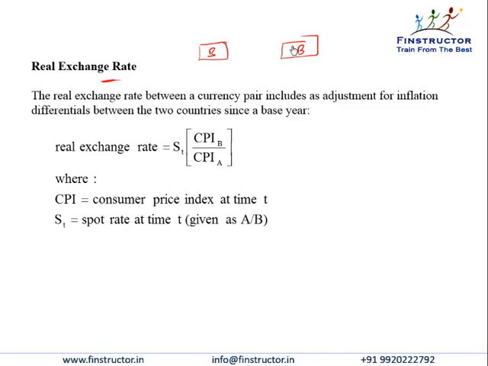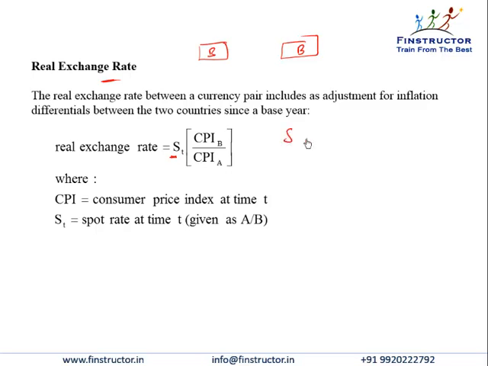Let's first calculate the real exchange rate. Please note, the real exchange rate has no units. It is not USD upon INR or Euro upon USD. So starting with the nominal rate, you only have to make this quantity unitless.